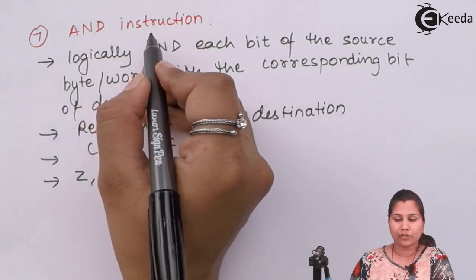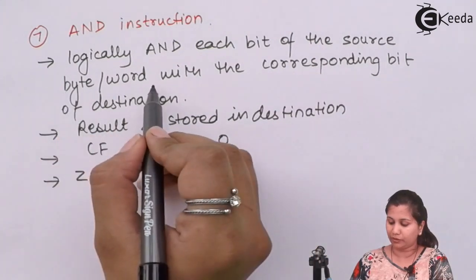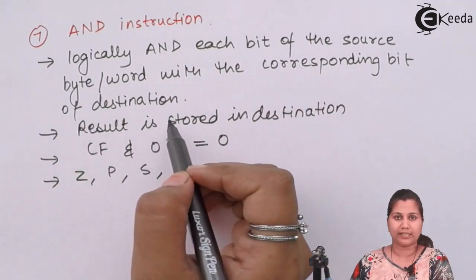So this AND instruction logically ANDs each bit of the source byte or word with the corresponding bit of the destination.